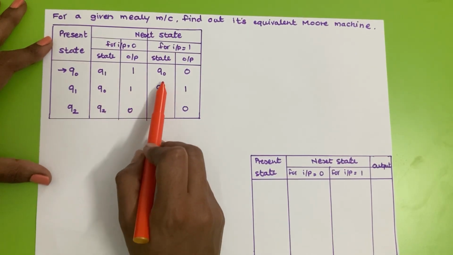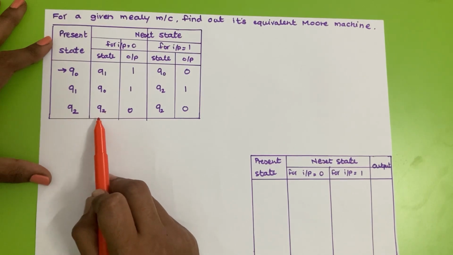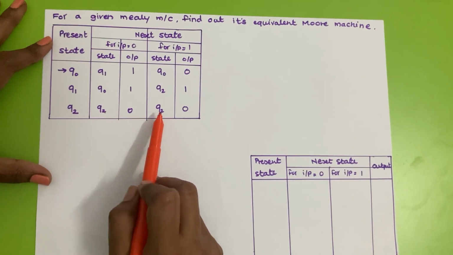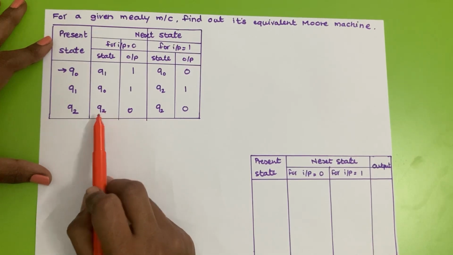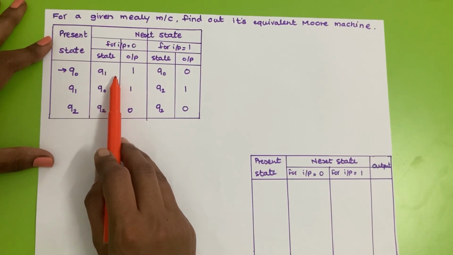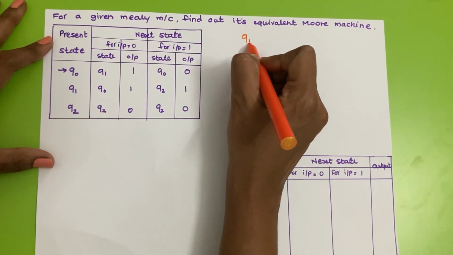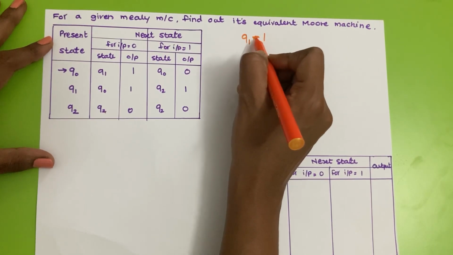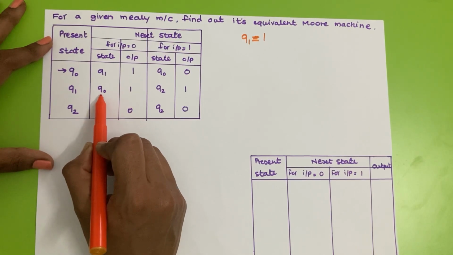Again, if we have q1 as output state for some other transitions, we will observe that. Here we don't have any other transition going to state q1 as an output state. So for q1 we have only one output symbol, that is 1. Now it's confirmed.